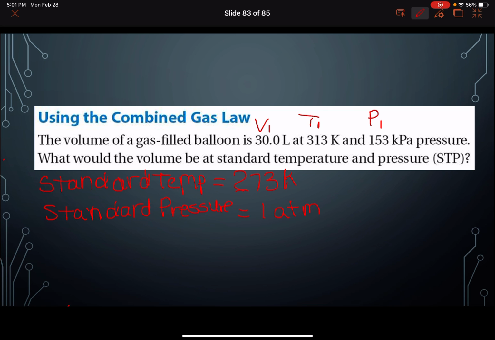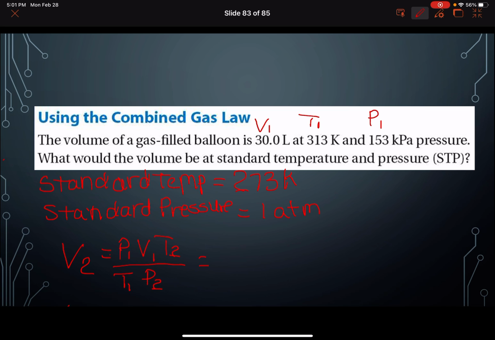Right, so now let's go and solve for volume 2. So volume 2 equals pressure 1 times volume 1 over temperature 2 divided by temperature 1 and pressure 2. So now we're going to substitute in.